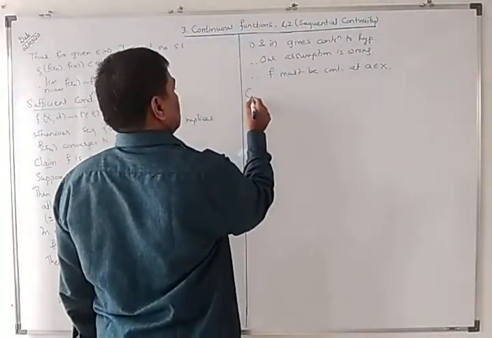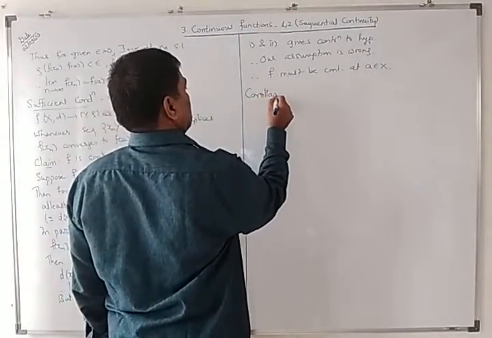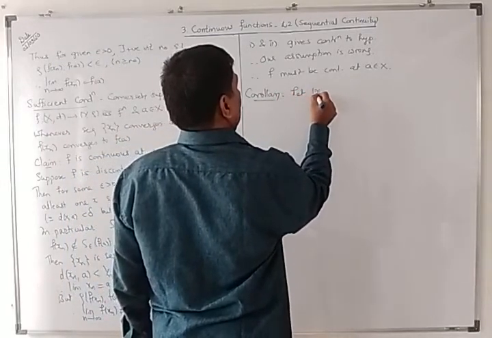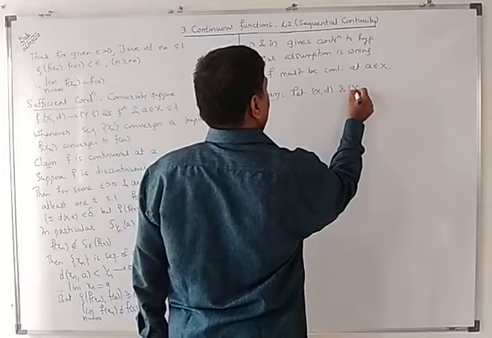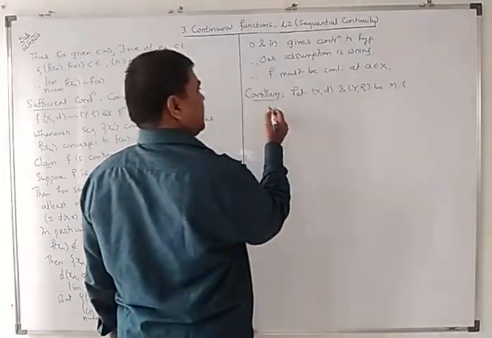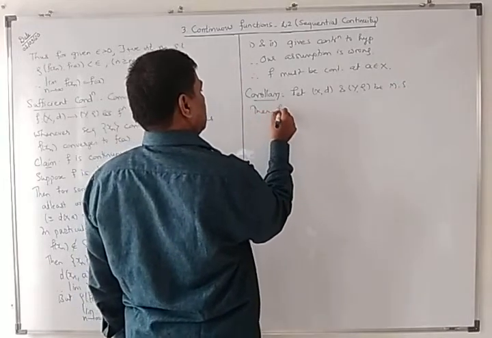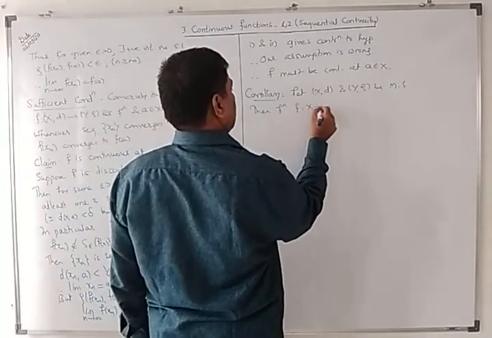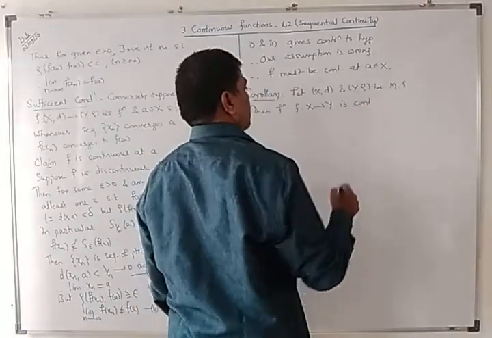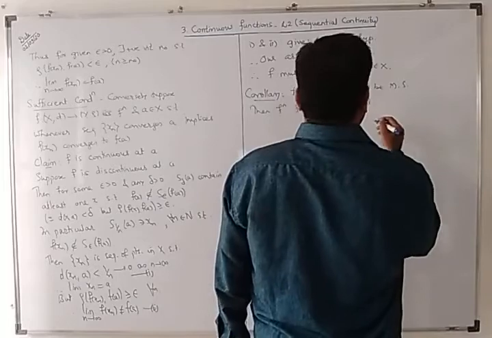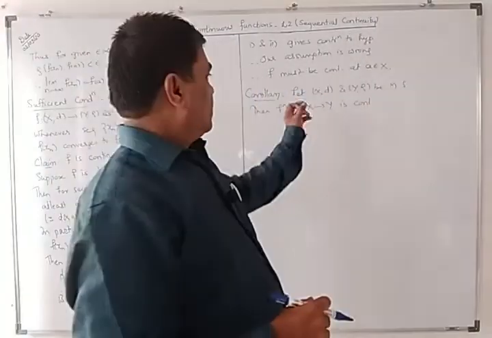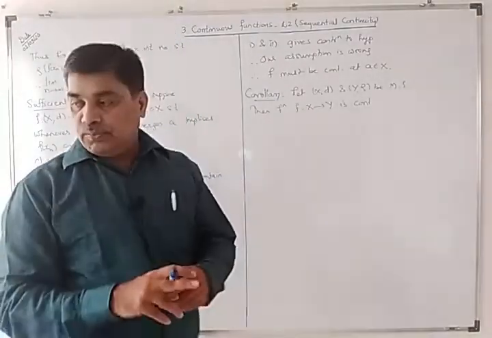Corollary: let (X, d) and (Y, rho) be metric spaces. Then a function f from X to Y is continuous on X if and only if it is continuous at every point.